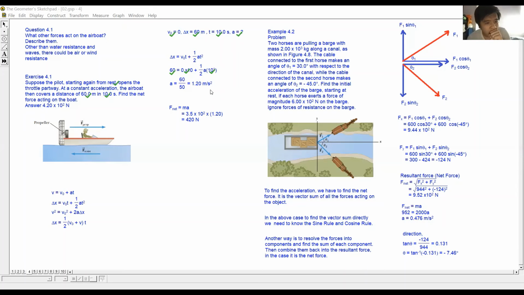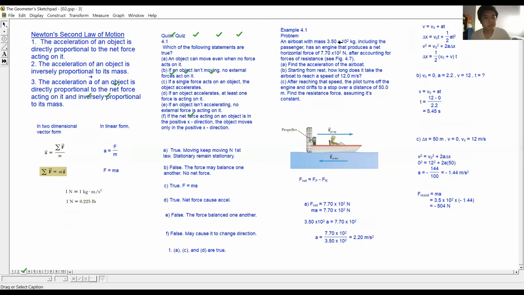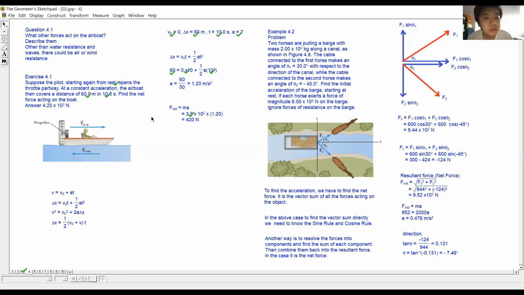Knowing the acceleration, we know that the net force is the mass times the acceleration. So net force equals mass times acceleration. The mass is 350, because it comes from the previous question here. The mass here is 350 kilograms. So we substitute 350 kilograms, and the acceleration is 1.2, the acceleration we found from the first part.